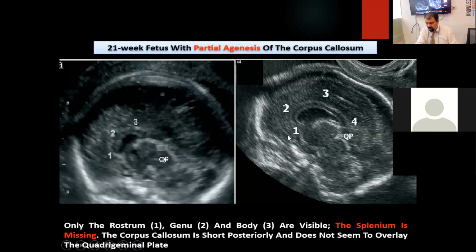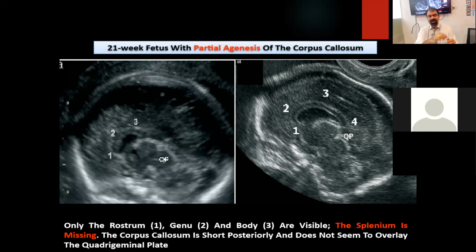So first will be the rostrum, then the genu, then the body, and the splenium. The fourth part may be missing. So the answer to your question is that I have to rely on 2D ultrasound more when I am talking of partial agenesis of corpus callosum.